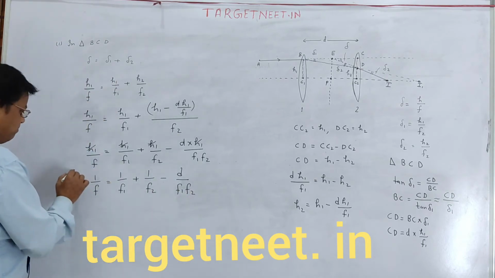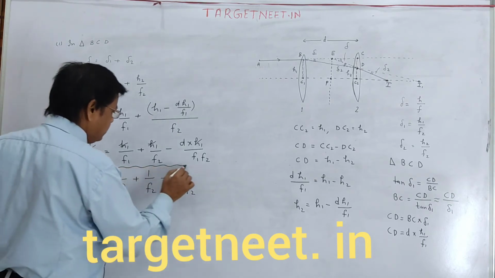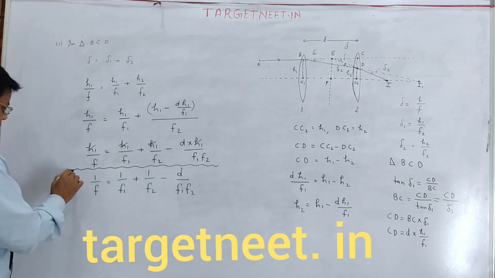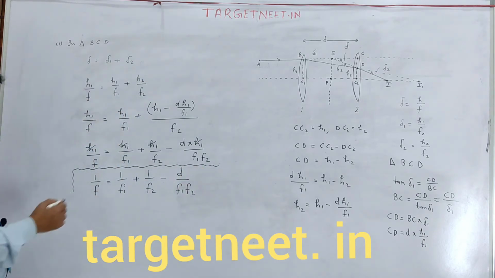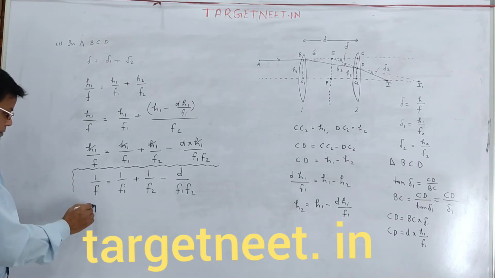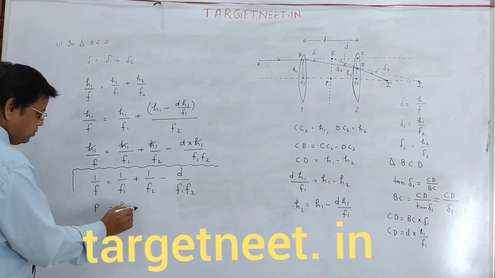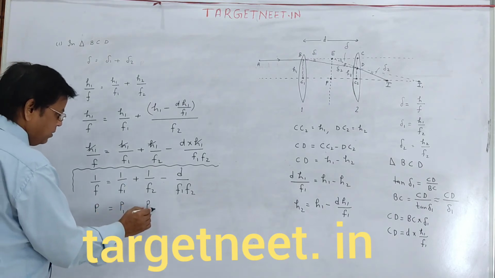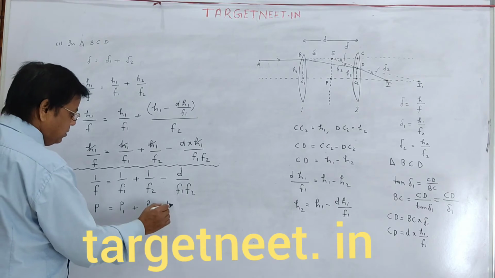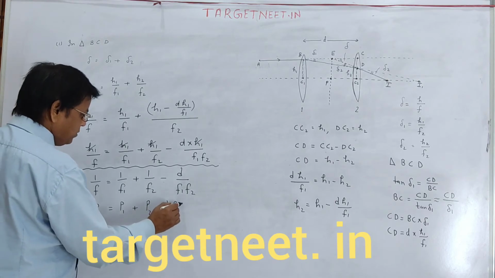So this is the equivalent focal length of this combination of lenses when the lenses are not actually in contact. So this is the formula. In place of this we can write the power of the equivalent lens: the power of the first lens plus the power of the second lens minus d times the power of the first lens into the power of the second lens.